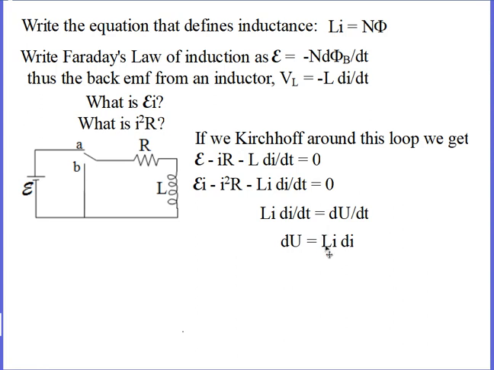It was dependent solely upon the geometry of the inductor. And so this is the only thing that is a function of current. And when we evaluate that integral, we get this result. And so it follows that the potential energy stored in the magnetic field of an inductor is given by this formula.